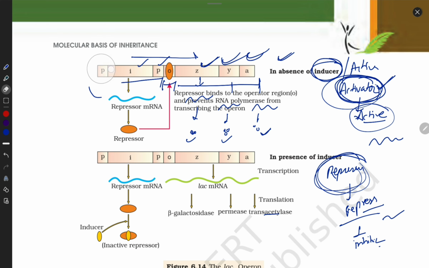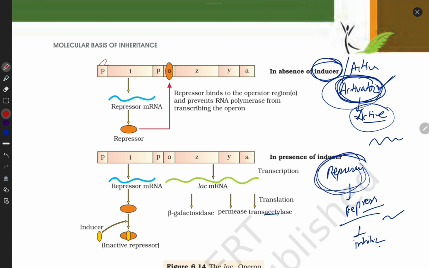Now here the inducer is absent, so no one can induce this mechanism. With no inducer, there is no formation of anything. Why? Because the promoter is present, and the repressor gene is also present. With the presence of RNA polymerase, these are transcribed, so repressor mRNA will form.